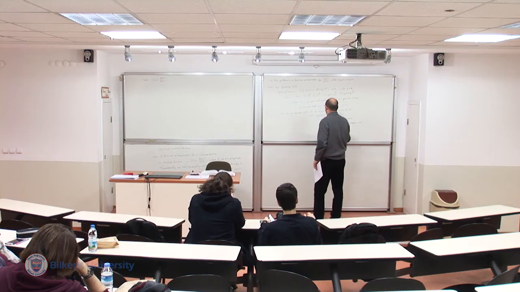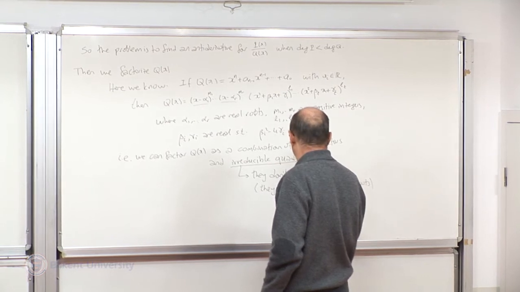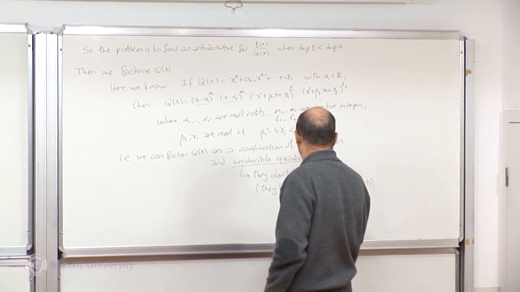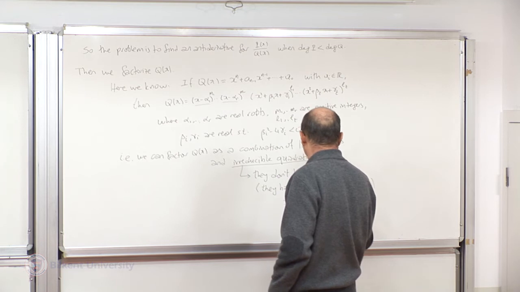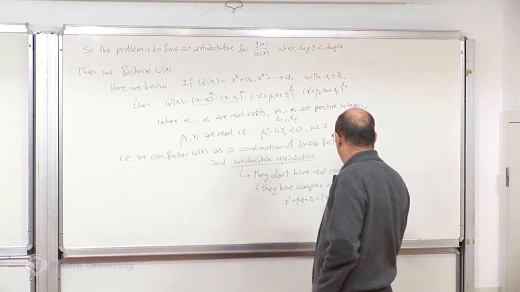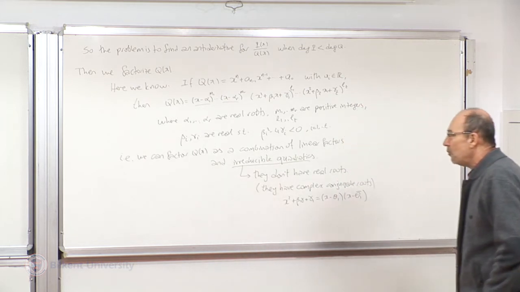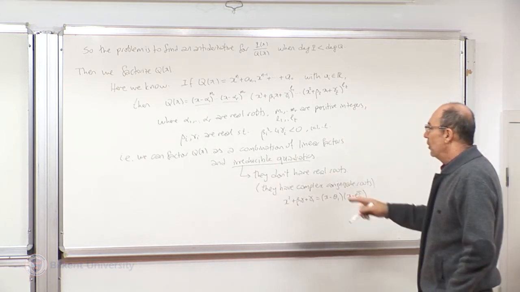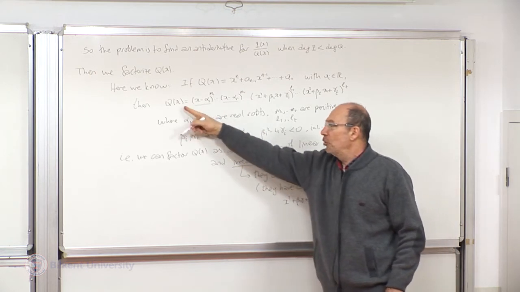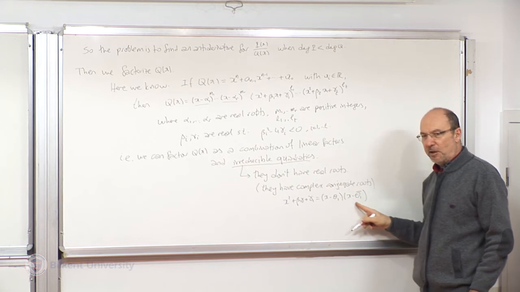So let me say, for example, x squared plus b1x plus alpha 1 is equal to x minus, I don't know, let's say theta 1, x minus, again, theta 1, but complex conjugate. Okay, so the roots of this polynomial are these real numbers and also these complex numbers.